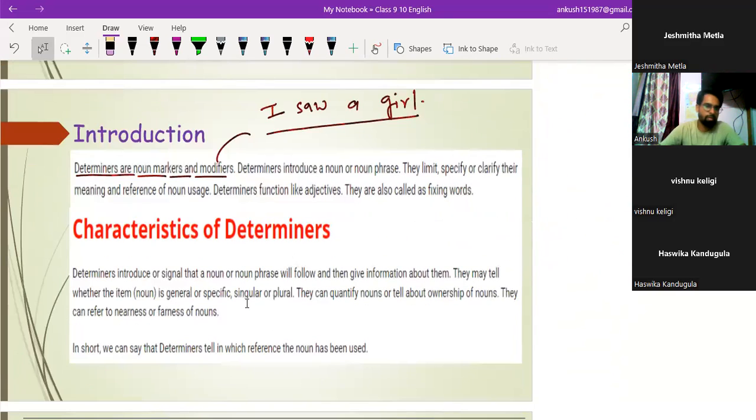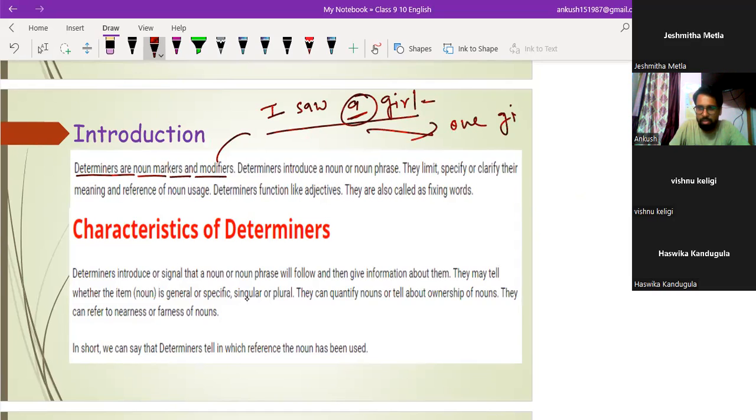Whenever the sentence is written over here, what can you read? I saw a girl. I did not give you any kind of information there, did I? But one determiner is working here. That determiner is the article, which is used before the noun. The noun starts with a consonant, and it specifies that I saw one girl.